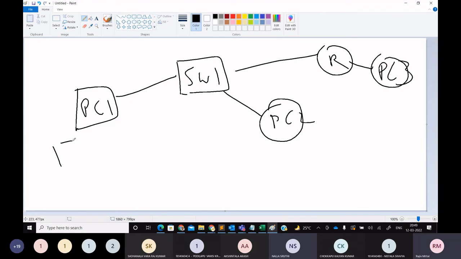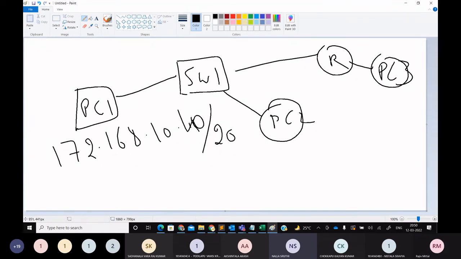This PC's IP is 172.168.10.40 slash 20. This is the PC1 IP.